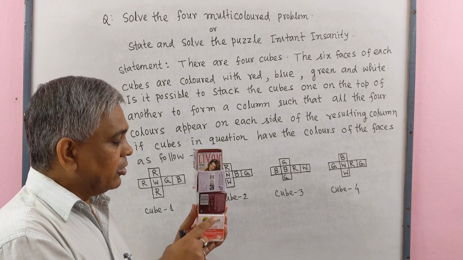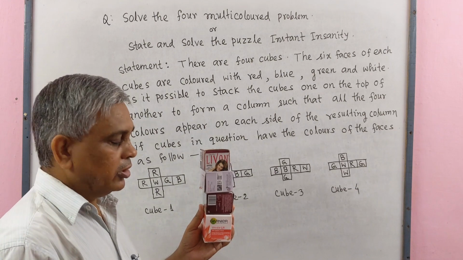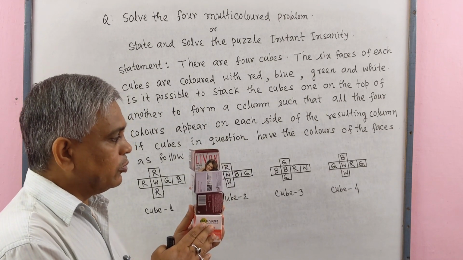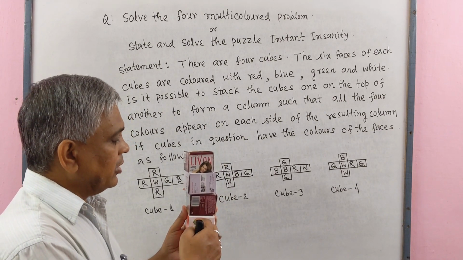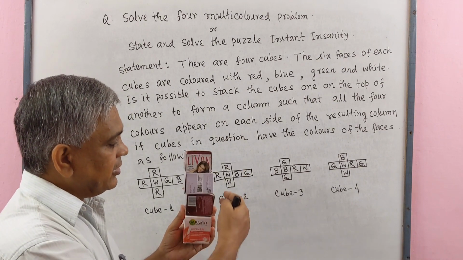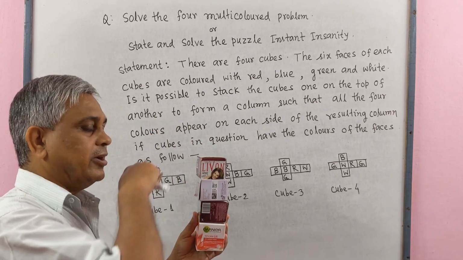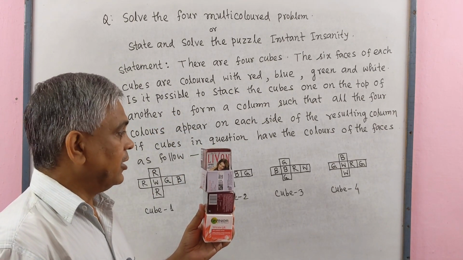That color may not be contained in the second cube or third cube or fourth cube. In this way, we have to arrange the cubes so that on this side there are four different colors, on this side four different colors, on this side four different colors and the back side also four different colors.